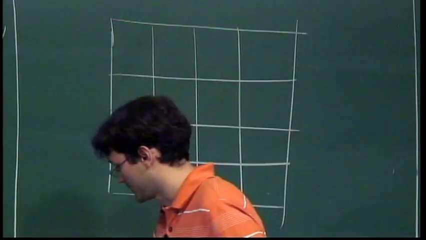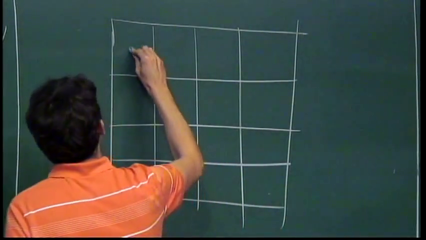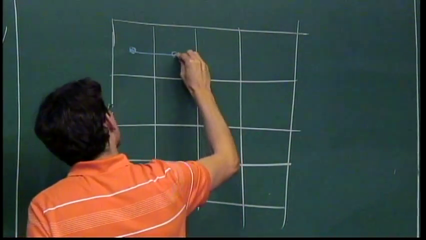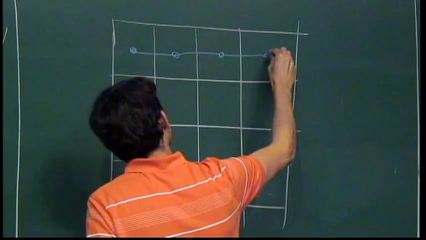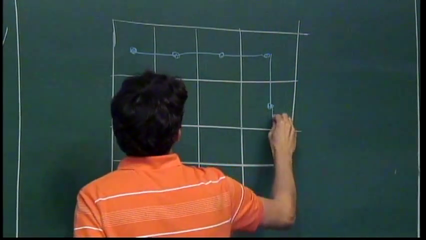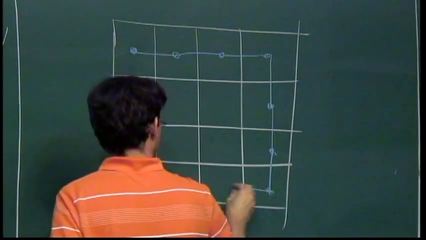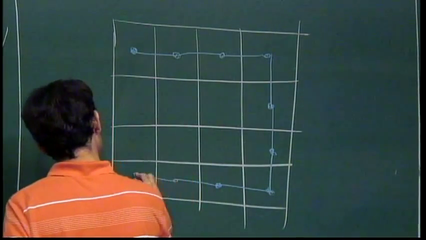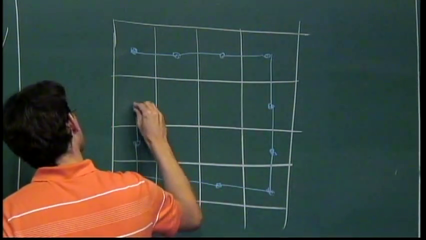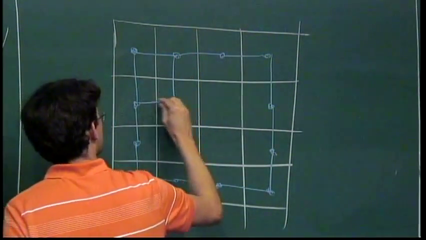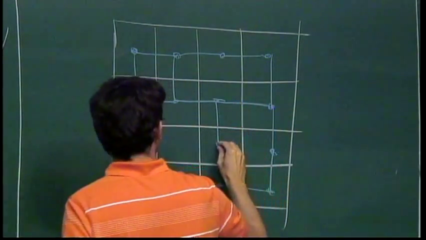So here you have the grid, and then the graph is actually this thing.